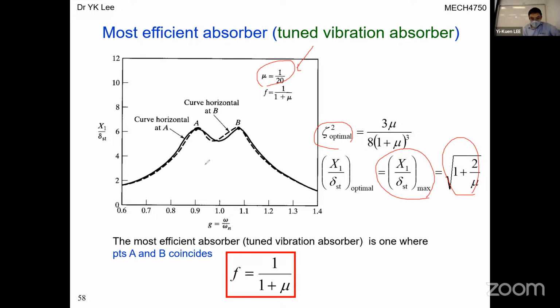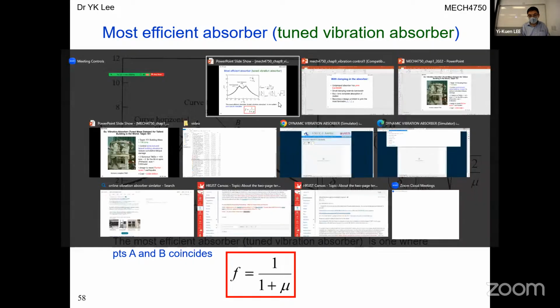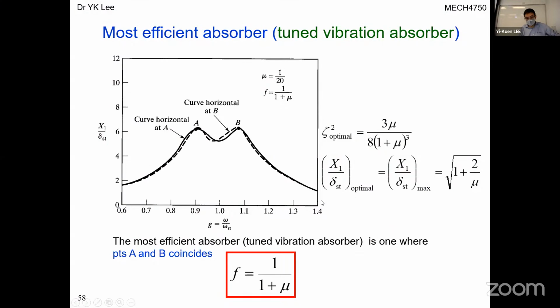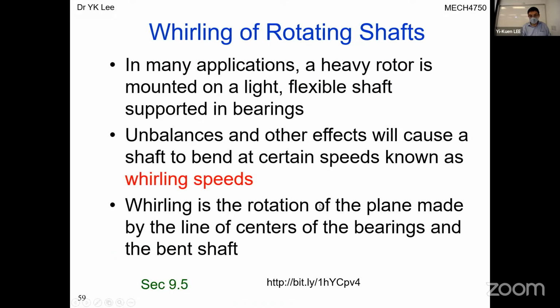So this is how we can do this kind of design. If we have this type 101 example, you can plug in the mass inertia: M1 is 730 ton, M2 is about 4.5 tons. This can give you an example of how we come up with the analysis.